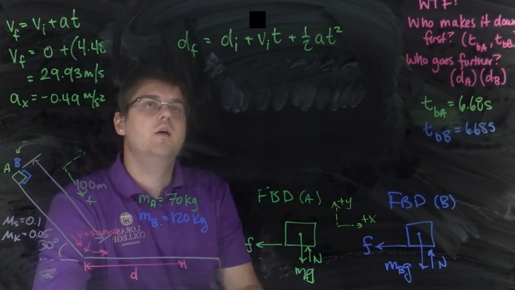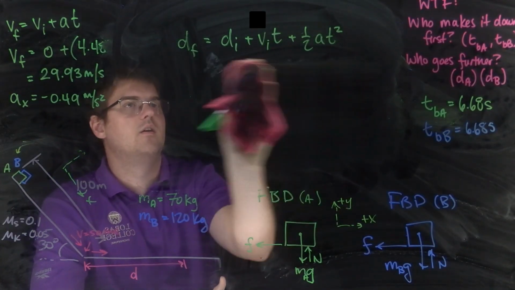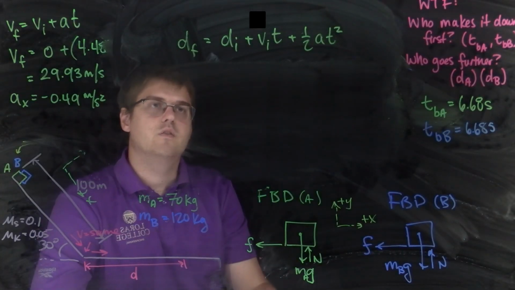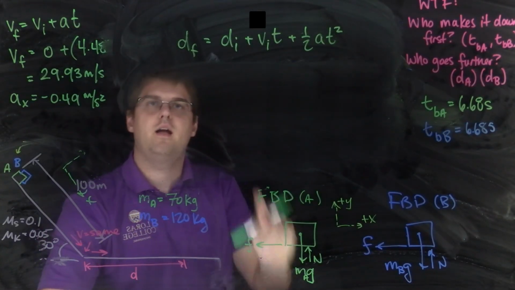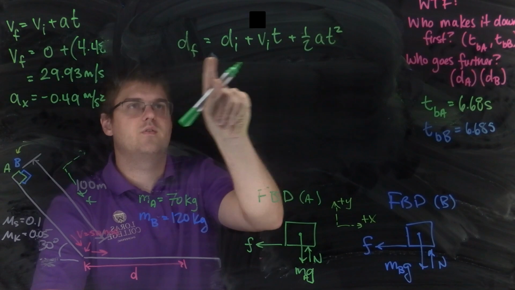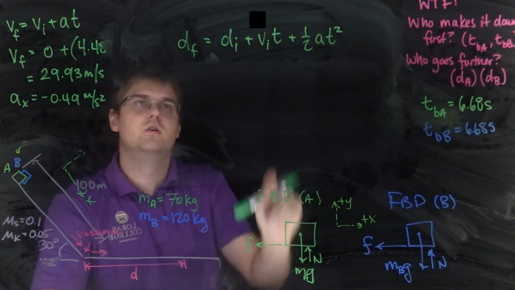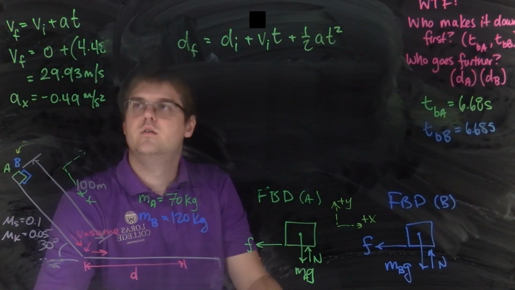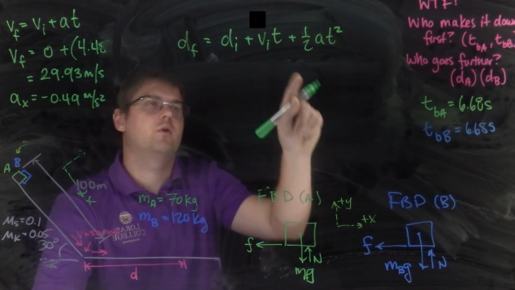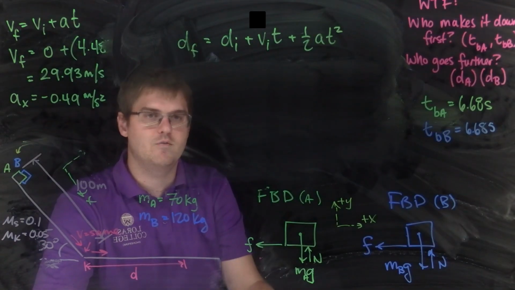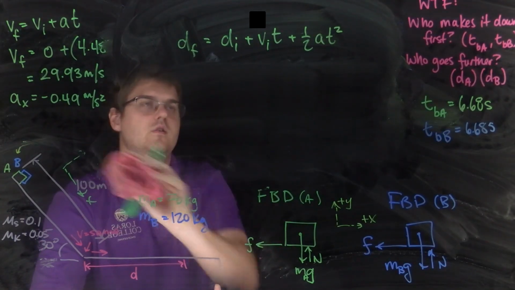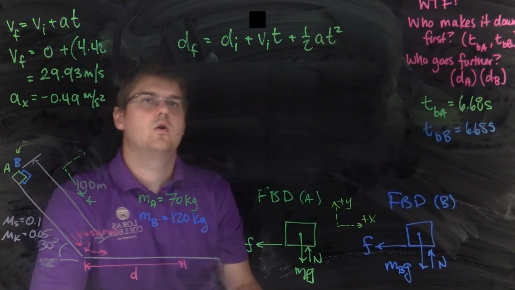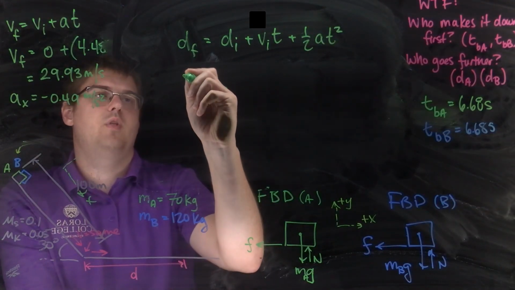Uh-oh, I don't want to have to solve that, because in this case, I want distance final, I have distance initial, I have my v initial, I have my acceleration, I do not have time, so I have two unknowns.